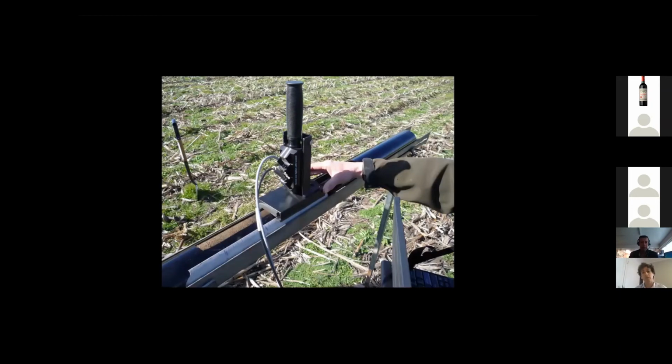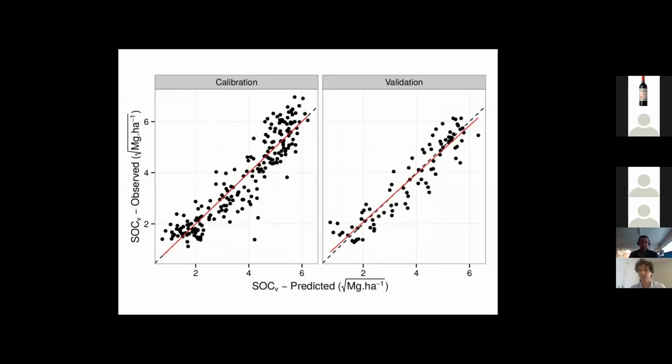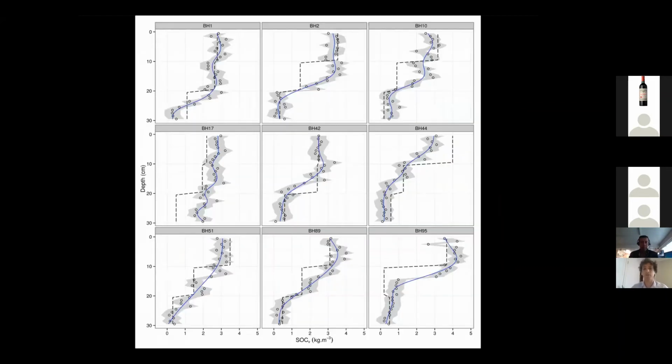So those instruments, some of them can be operated in the field, where we would scan a soil core before chopping it in 10 centimeter increments and bring that to the lab. So that those reference measurements made on the slices can be used to calibrate a model. In this case, we calibrated a model of soil organic carbon stocks, how much carbon is stored by the soil.